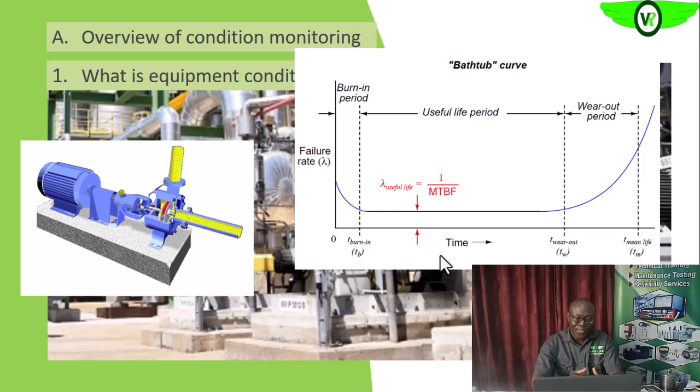So now let's take that pumping system, for example. Remember, we have the electric motor, we have the pump. Remember we have bearings here, we have bearings here, we have the impeller here. We can look at the discharge pressure and the suction pressure.